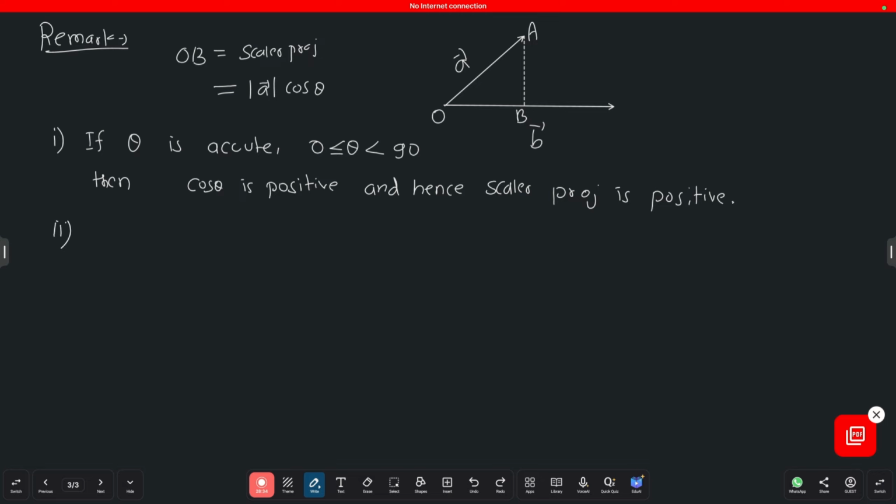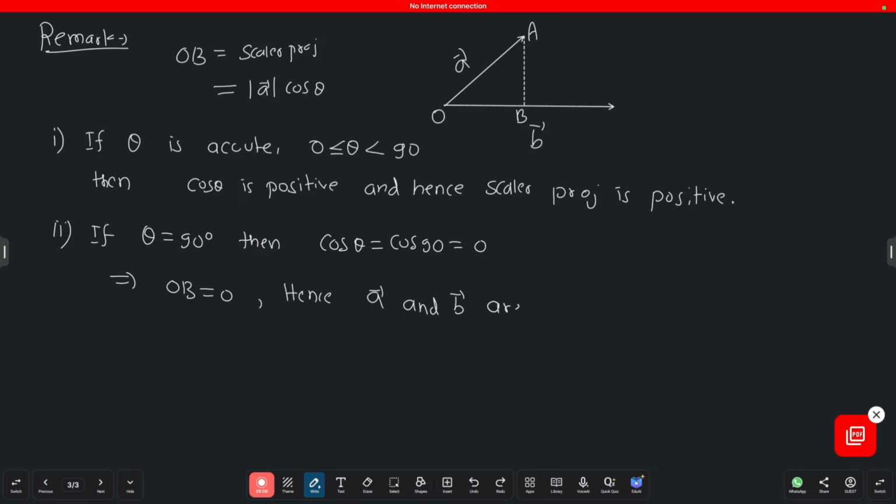Number 2, if theta is 90, then cos 90 is 0. It implies OB is 0, and OB 0 means both the vectors are perpendicular. So A vector is perpendicular to B vector. Hence vectors A and B are perpendicular vectors.